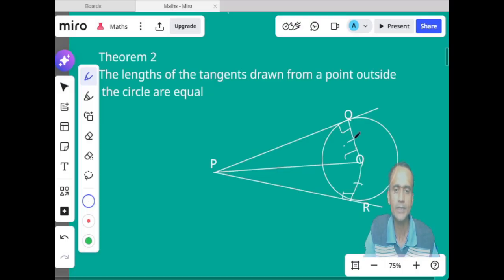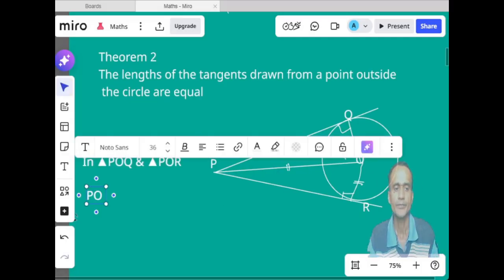This side and this side are equal because both are radii, and this side is common. So these two angles are equal, the hypotenuse is the same, and the side is equal. So by RHS, right angle, hypotenuse and side, these two triangles are congruent.